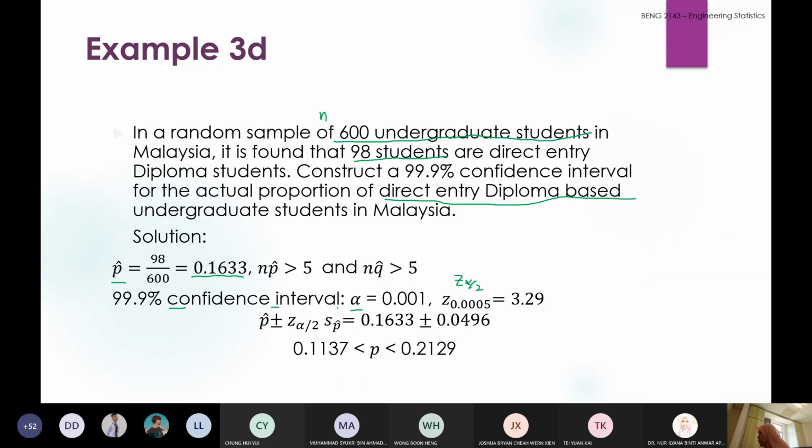So you get your standard error, and multiply with this value. Where is this value coming from?